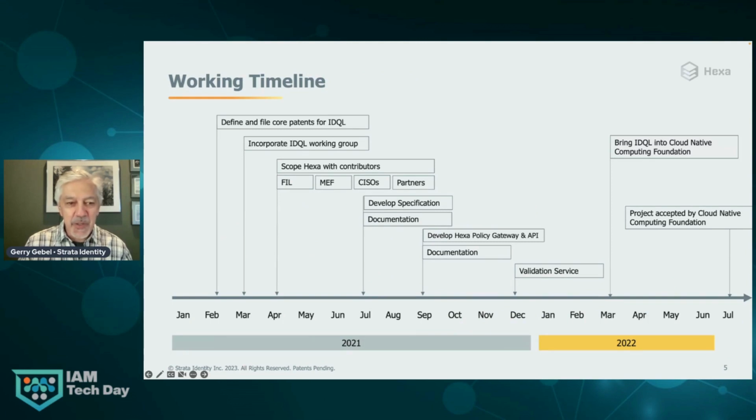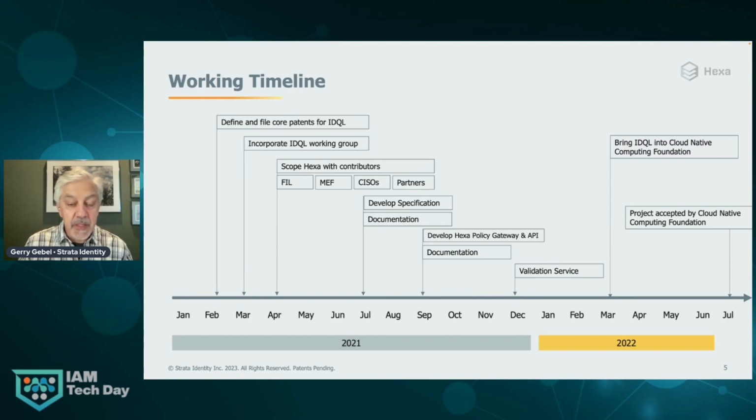And this shows you a few of the highlights of our timeline, how we started working on the specification itself, defining IDQL, bringing together a diverse group of practitioners, both from enterprises as well as from the software side of the house, and ultimately built out a working HEXA orchestration open source system.